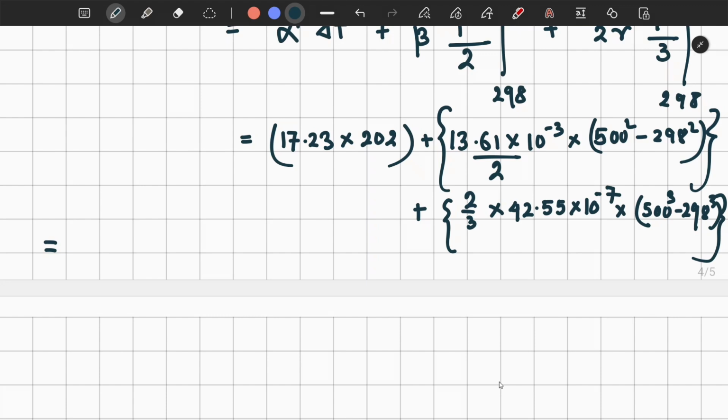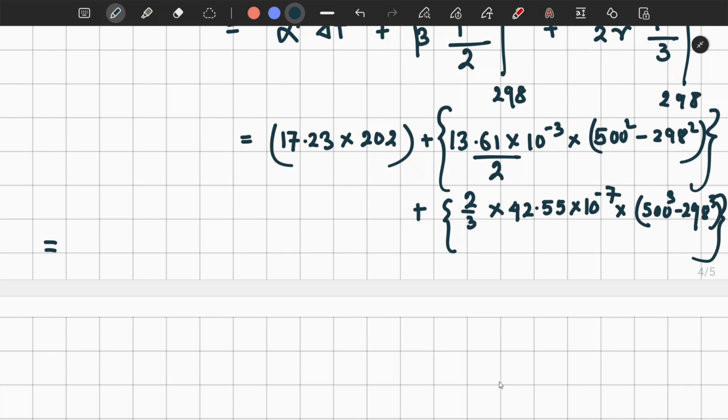So what is your answer? 5794. No, it's not matching. 5794.5. One minute. Let me do it part by part. Do it part by part, then we can easily cross check.